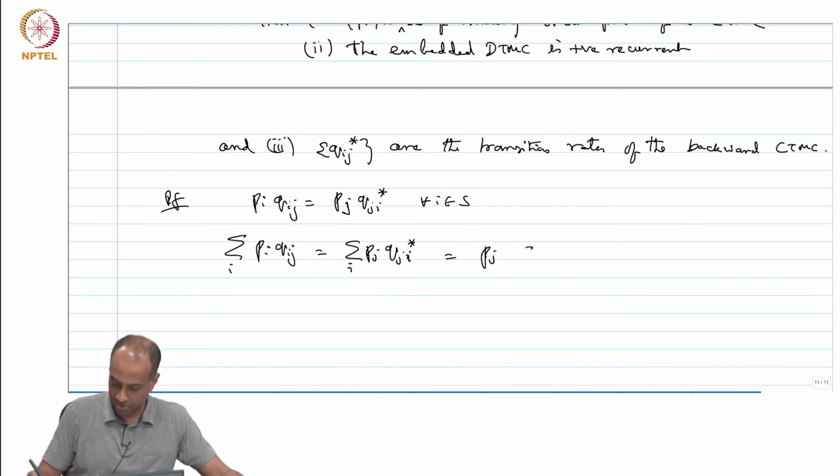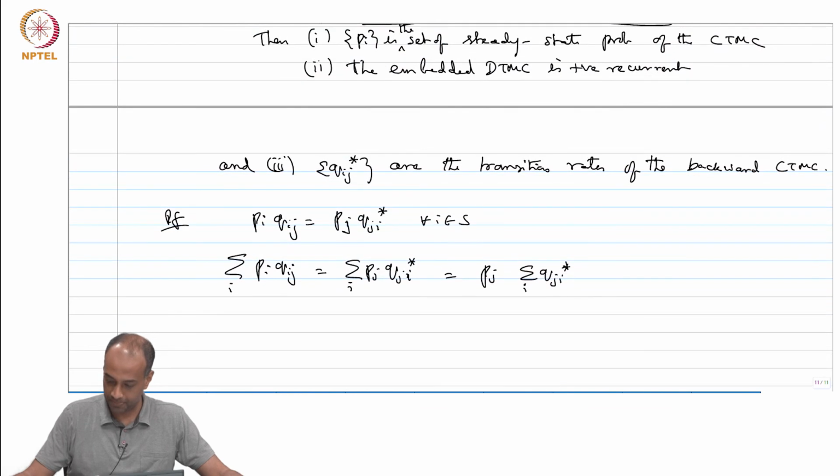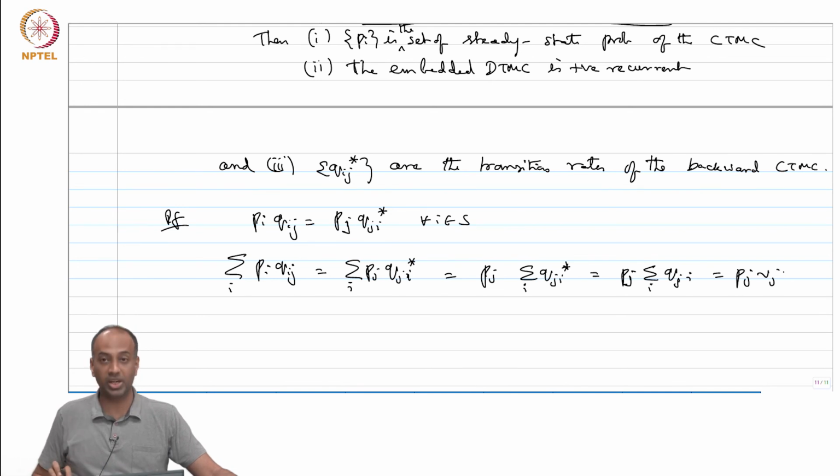That is equal to Pj comes out, sum over Qji star. Now, sum over Qji star is equal to sum over Qji. Now, what is sum over Qji? Nu j. So, this is equal to Pj nu j. So, sum over Pi Qij is equal to Pj nu j.